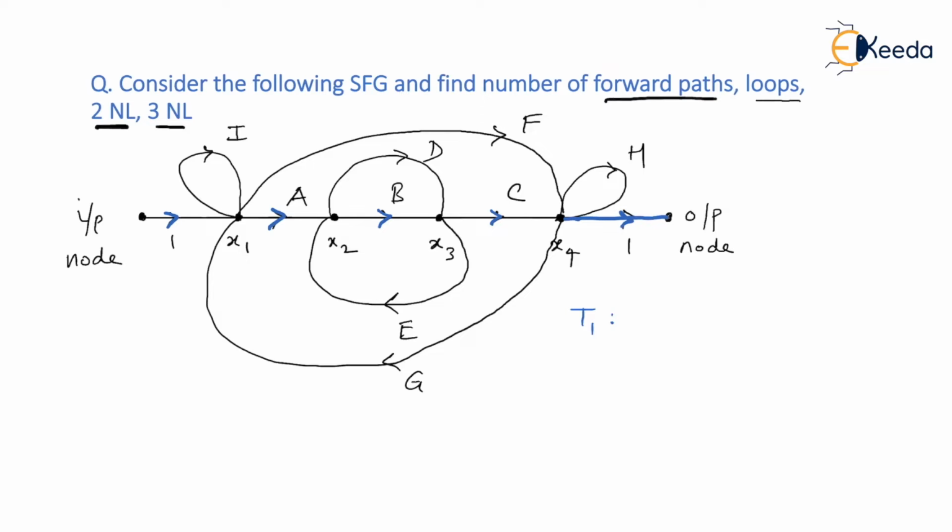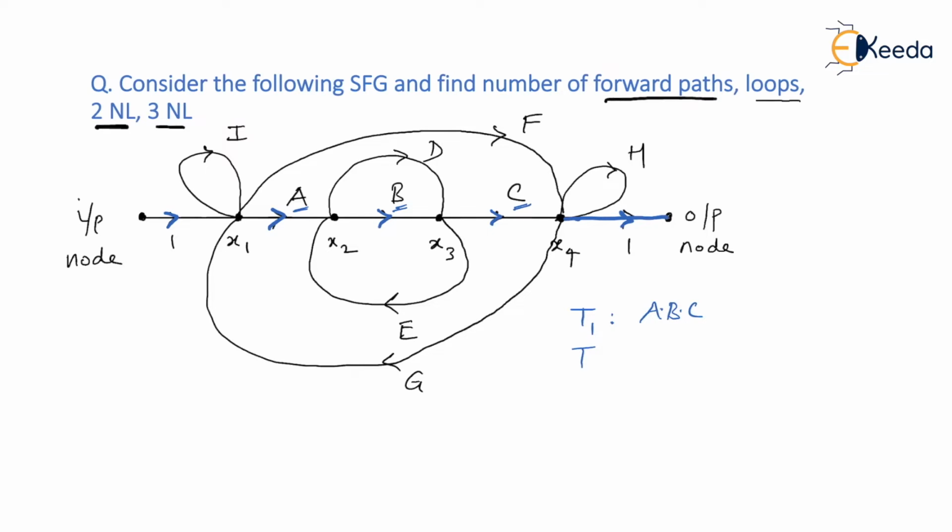So I can write the forward path as ABC. Now you are expressing your forward paths not in terms of nodes, but in terms of their gains. What is meant by that? Here the gain is A, then the gain is B, and the gain is C. So you are taking a product of A, B, C, and that becomes the first forward path. I hope you understood the first forward path.